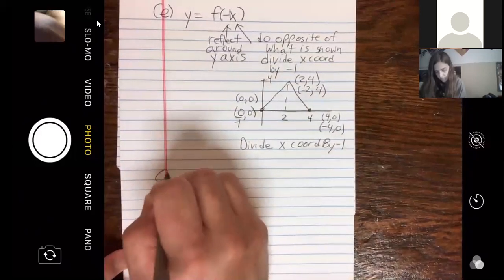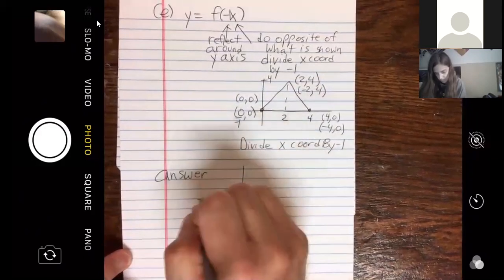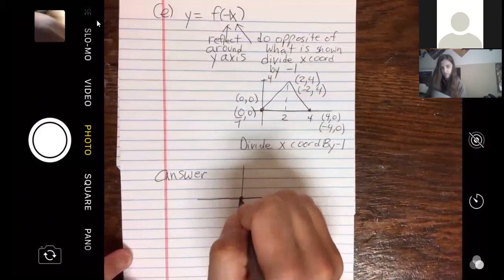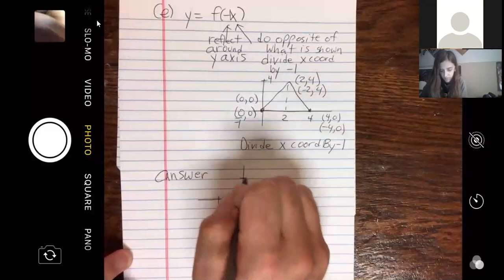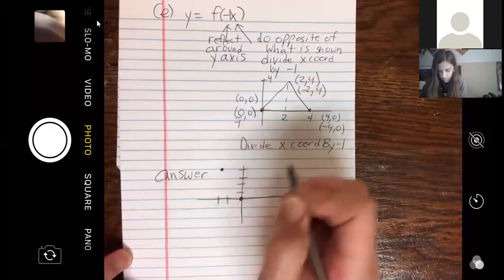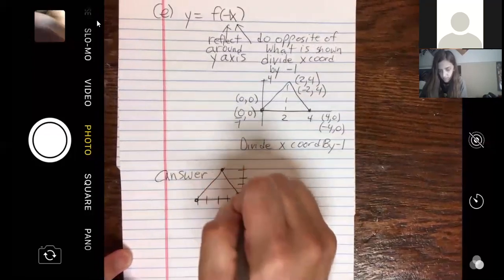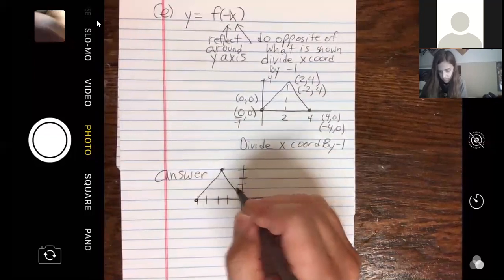So my answer: 0, 0. I'm going to negative 2 and 4. And I'm going to negative 4 and 0. Can you see you've reflected it around the y-axis?